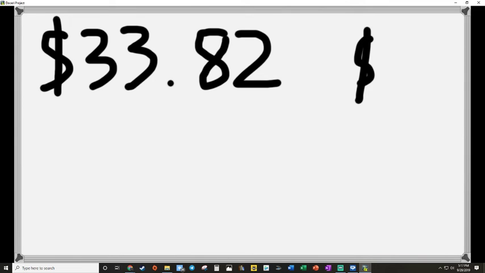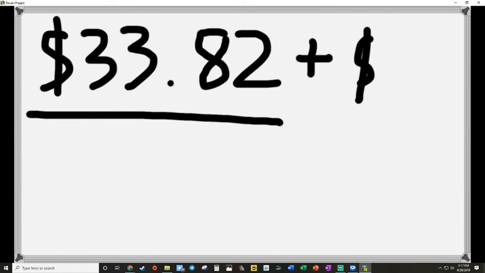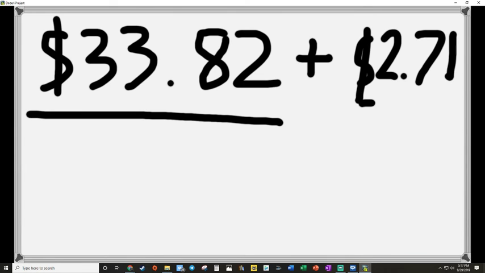All right, let me erase that. There we go. So this is the total cost without tax. This is the tax after we multiplied the cost by 8%, which was $2.71.